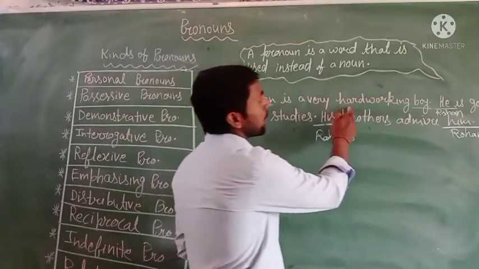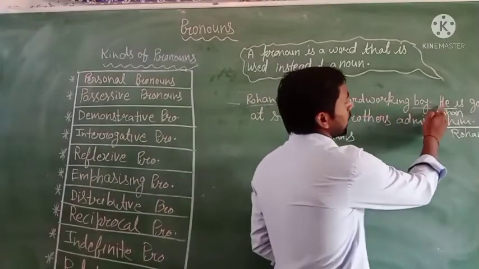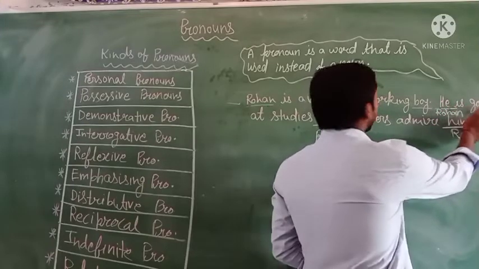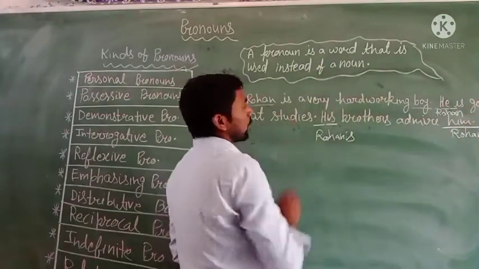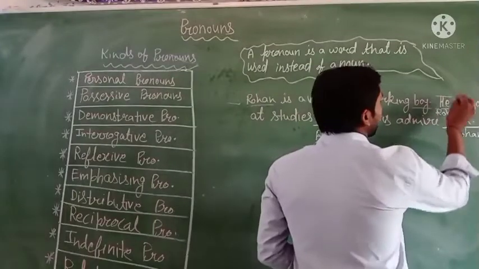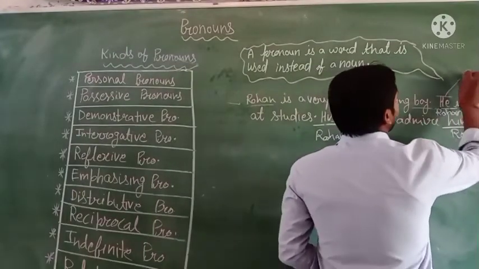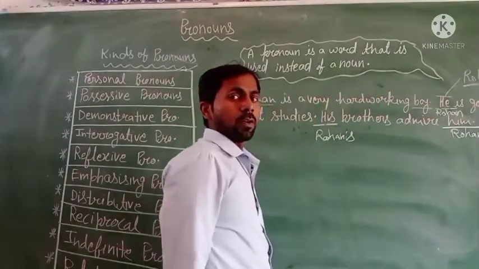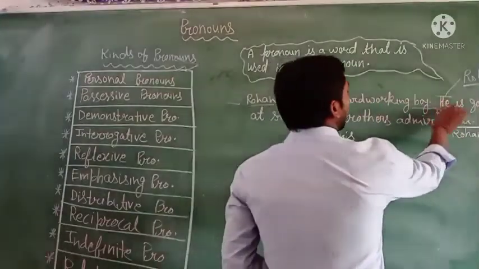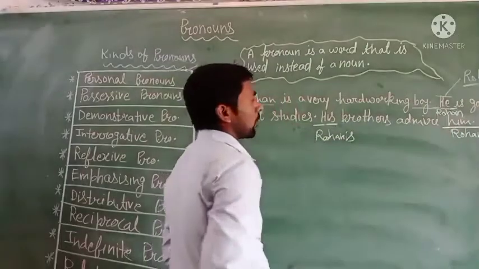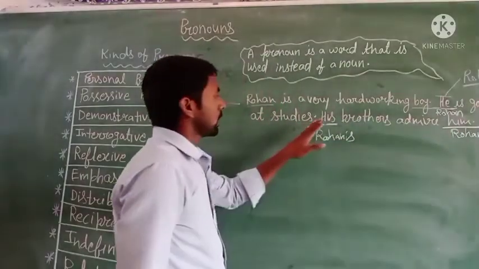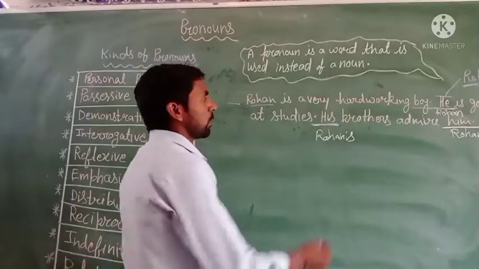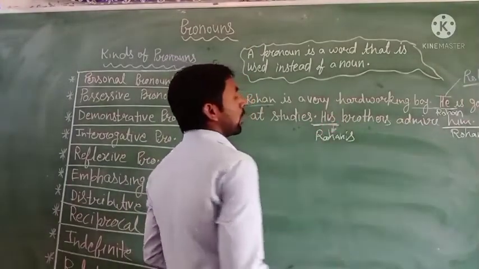Like, Rohan is a very hard working boy. He is good at studies. In place of Rohan you can use he. So this word he refers to Rohan. It is clear why, because this pronoun word is used in place of a noun. And in his brother, the word his is also a pronoun, and it refers to Rohan.